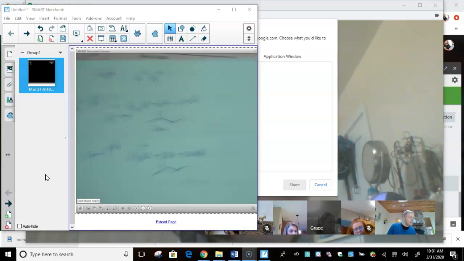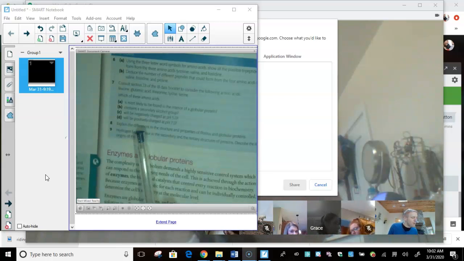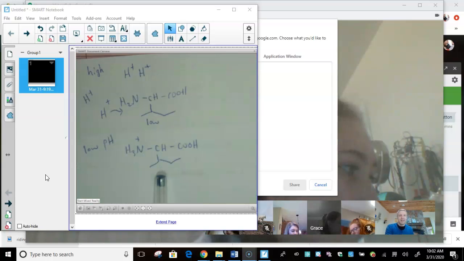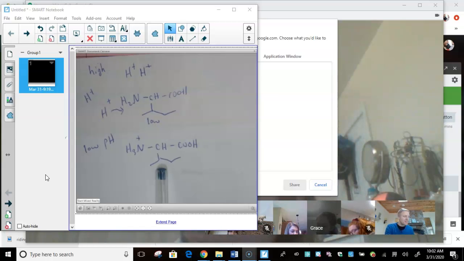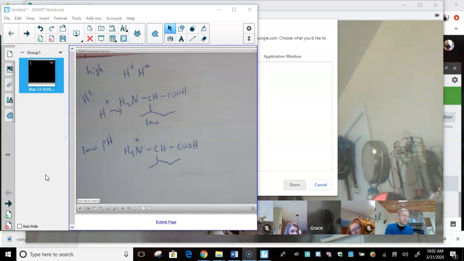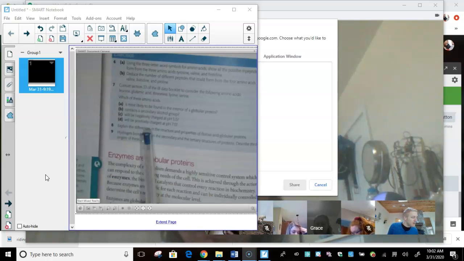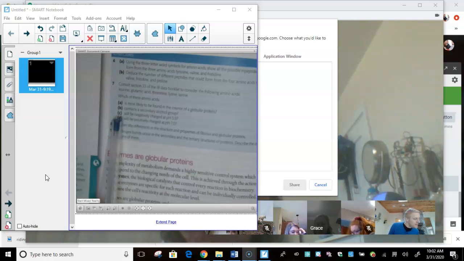Then we have to think of the question: will it be negatively charged? So what we've identified here is this is not the amino acid that we're looking for in question C, because it's going to be positively charged, not negatively charged. So then you'd have to do the same thing for all of them until we finally find one that's negatively charged at pH of 5.